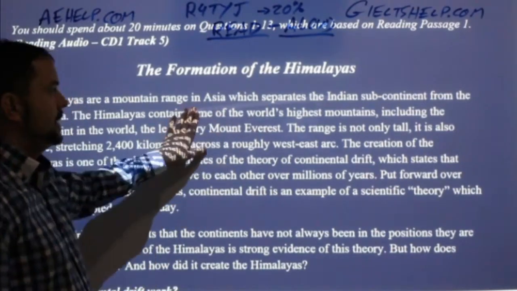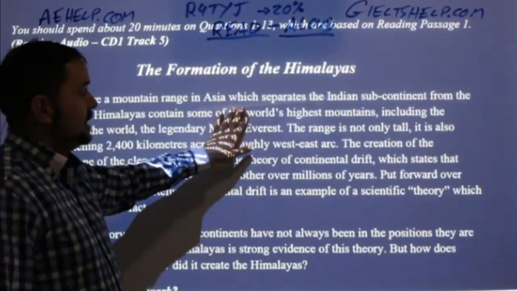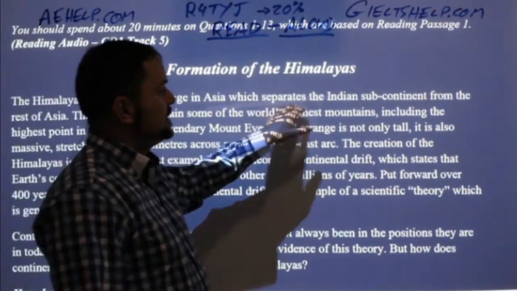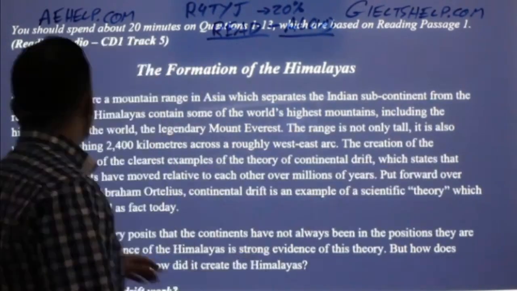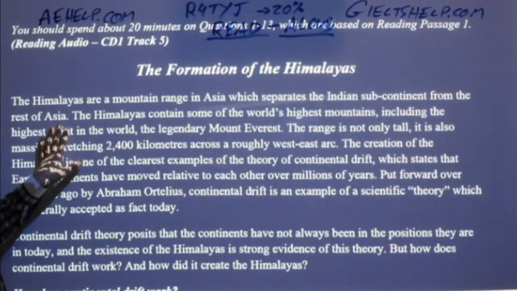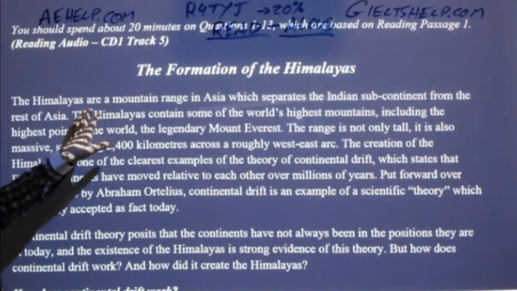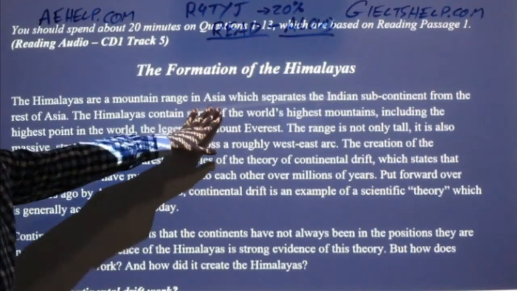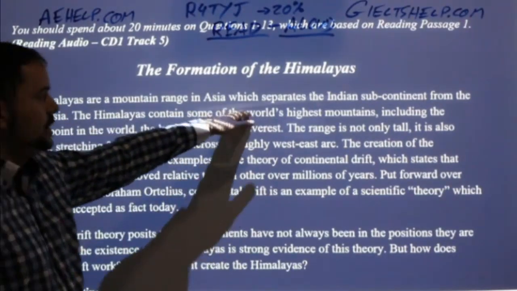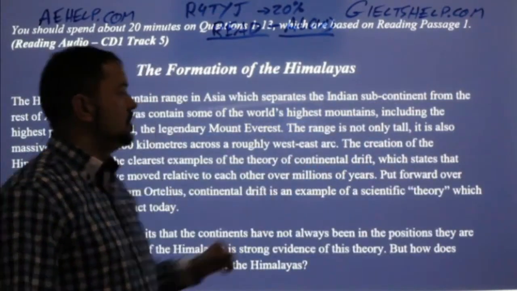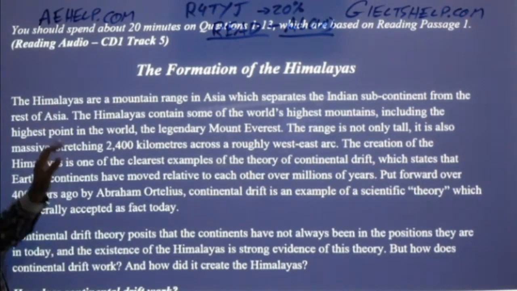Okay, so I'm going to stop there. And then I'm going to read my second phrase, which separates the Indian subcontinent from the rest of Asia. So here I have two phrases. The Himalayas are a mountain range in Asia. And then the second phrase is, which separates the Indian subcontinent from the rest of Asia.